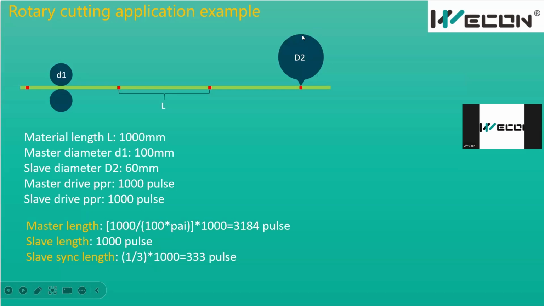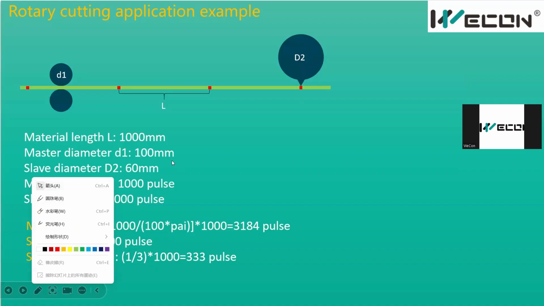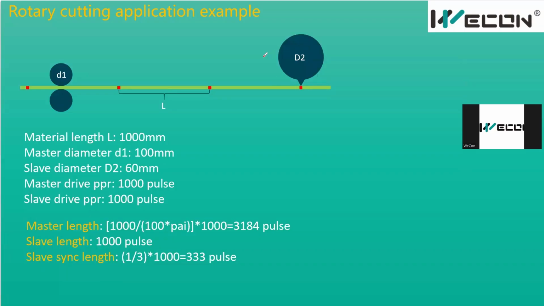And also if you have four cutters in one roller, for example, then your slave length will be about 250 pulses.